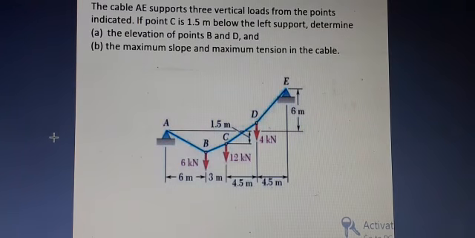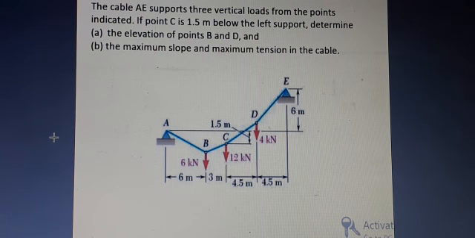The cable A supports 3 vertical loads at the points indicated. If the point C is 1.5 meter below the left support, determine the elevation of B and D, and the maximum slope and maximum tension in the cable. Here the cable is given, A, B, C, D, E, having sag.